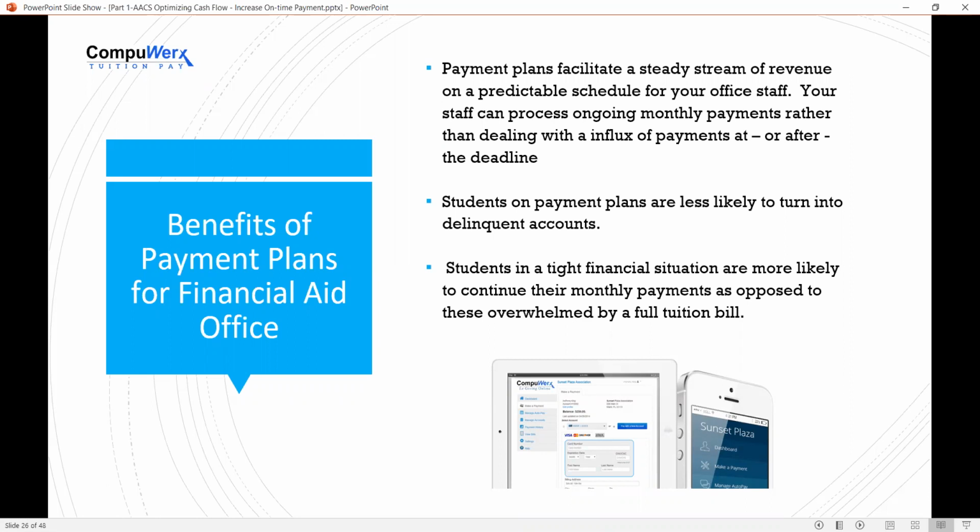Students on payment plans are less likely to turn into a delinquent account. Students in a tight financial situation are more likely to continue with their monthly payments as opposed to paying the whole bill at one time.